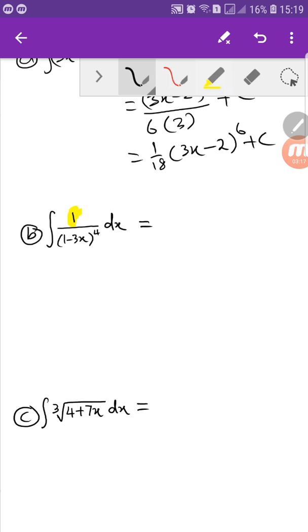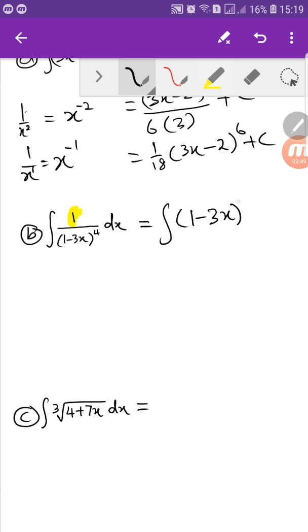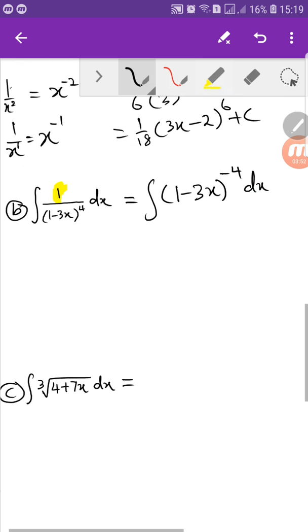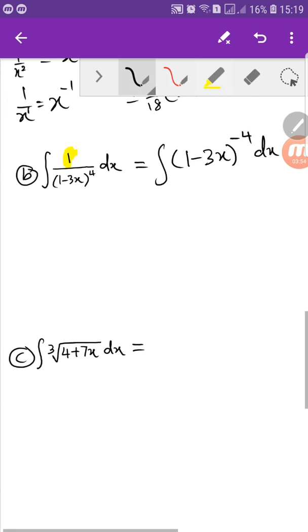For example, 1 over x is equal to x to the power of minus 1, because in 1 over x the power is positive 1. Same goes for 1 over x squared, which equals x to the power of minus 2. Just bring it over. Remember, we haven't integrated anything yet. We just rewrite the function.